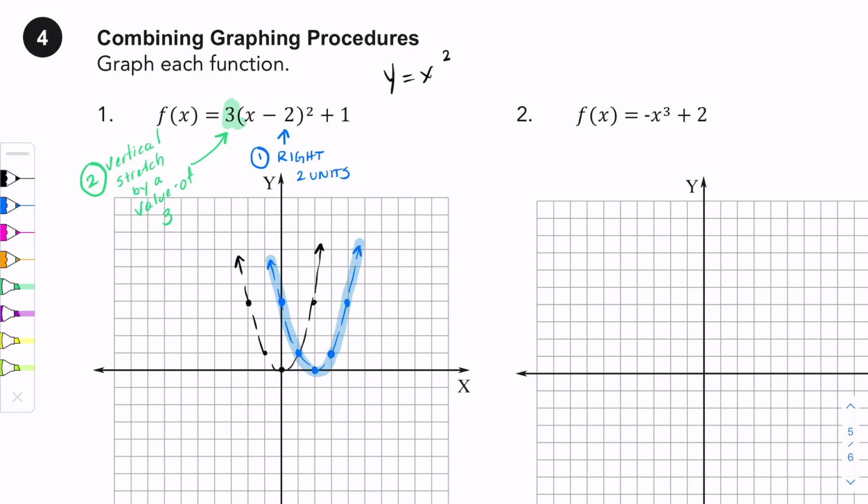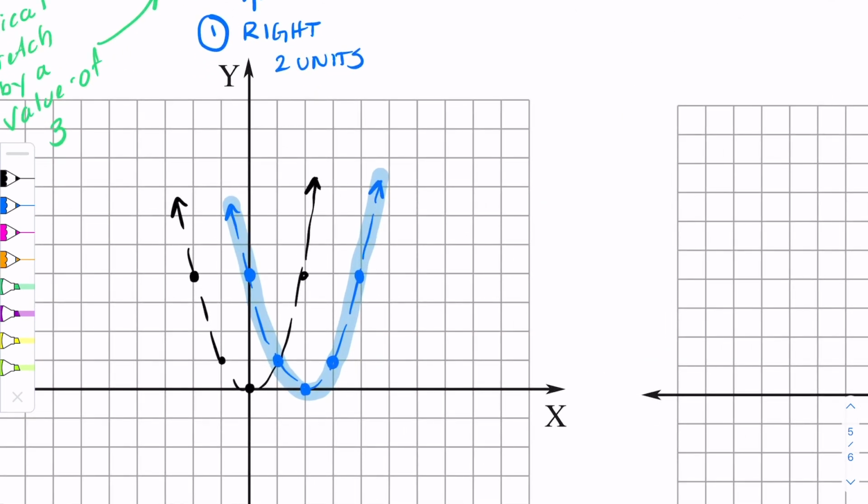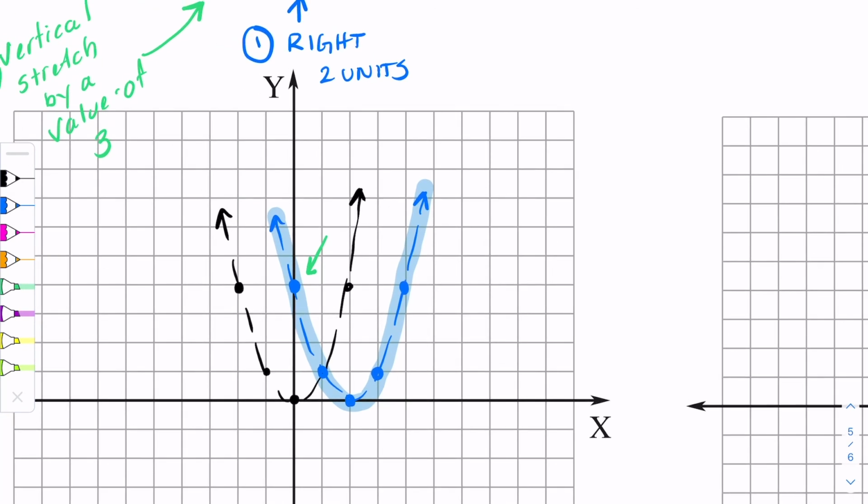So we need to multiply all the y coordinates by 3. And I'm going to do this right in the graph. This point right here has a y coordinate of 4. 4 times 3 is 12. This does go off the coordinate plane a little bit. That's okay. We can just make a mark above the y-axis.